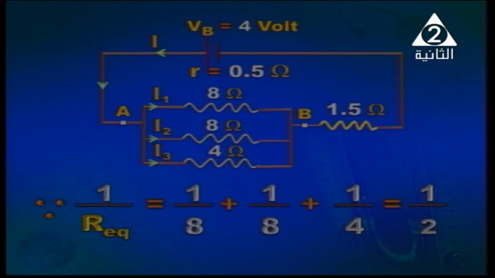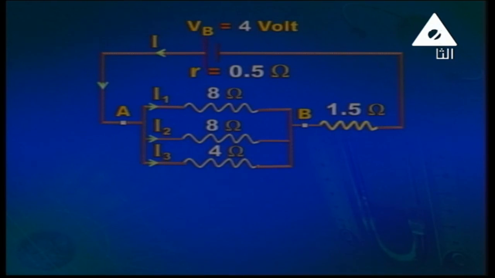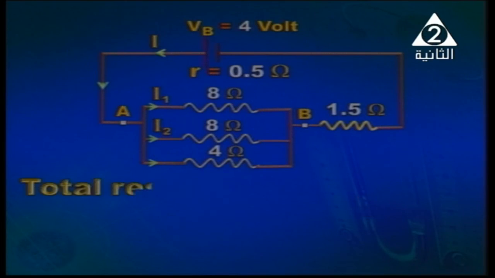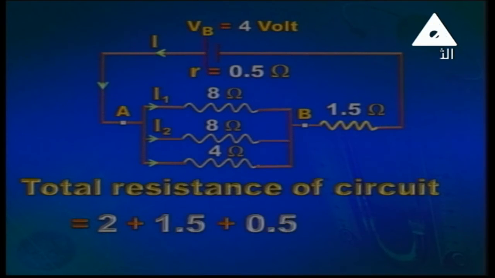So R equivalent is 2 ohm. So R equivalent of the resistors 8, 8 and 4 is equal to 2 ohm. 2 ohm is connected in series to 1.5 and to 0.5 internal resistance. So the total resistance of the circuit is 2 plus 1.5 plus 0.5, so it is 4 ohm.